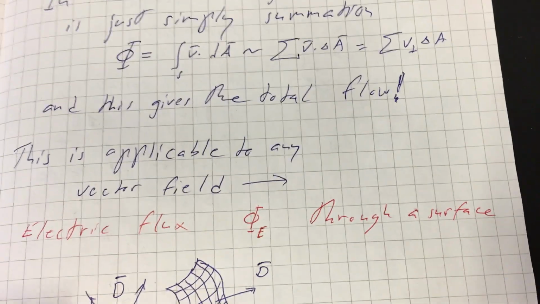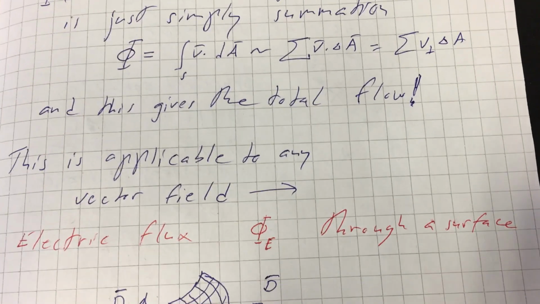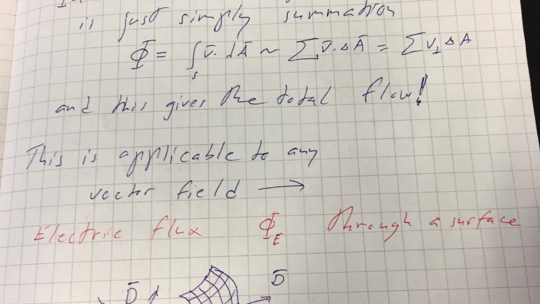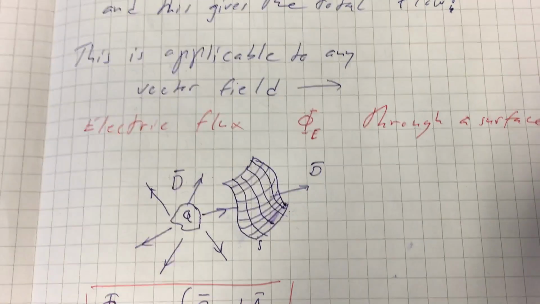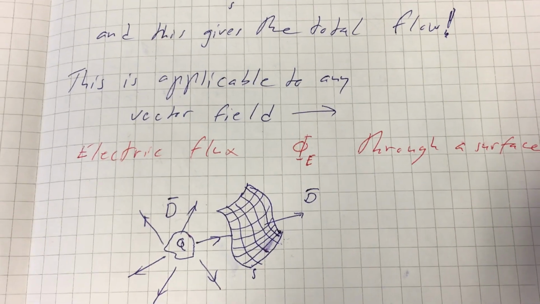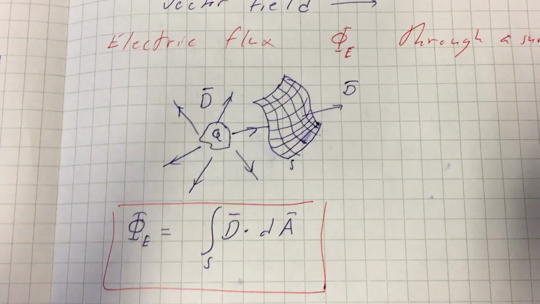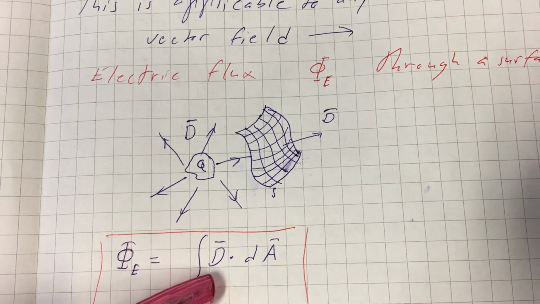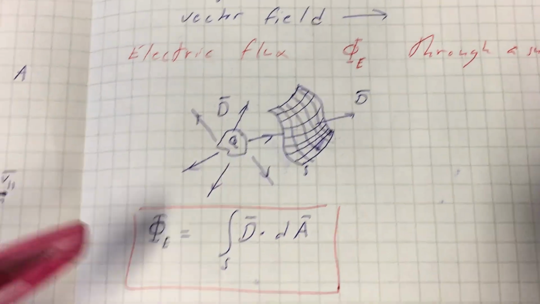So as we do in our course of electricity and magnetism, electric flux through a surface S is defined as the surface integral of electric flux density times the surface element.